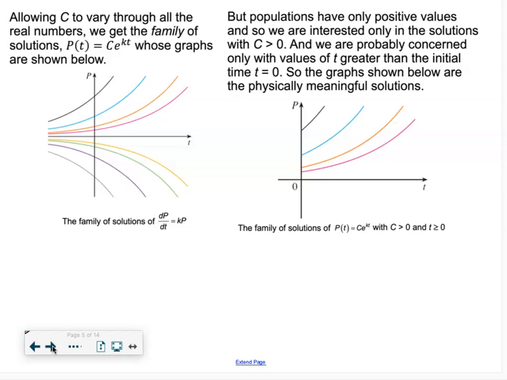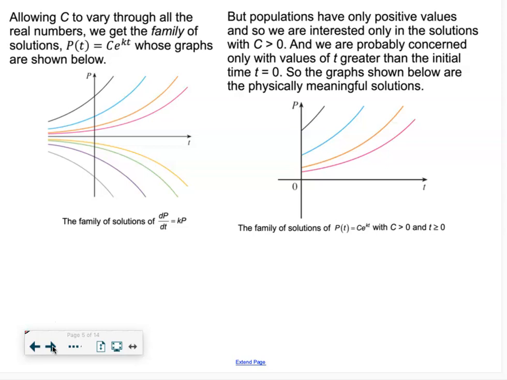And technically, most of us think of time as being positive. So if we control time and say you can't have negative time, which in some circumstances you can, but anyway, you can't have negative time, can't have a negative population, then this would be a set of graphs of the solution to that differential equation. Obviously, it's not all of them.